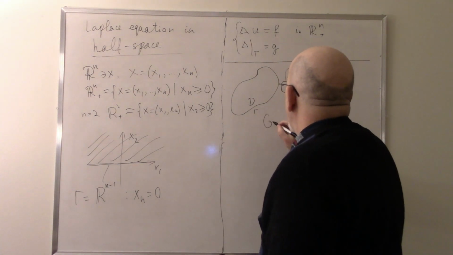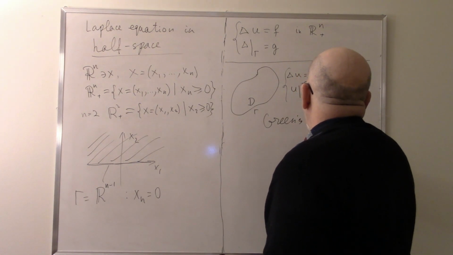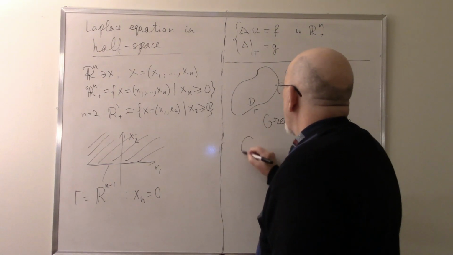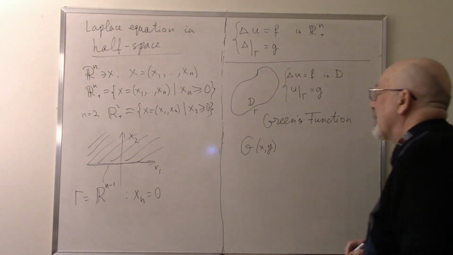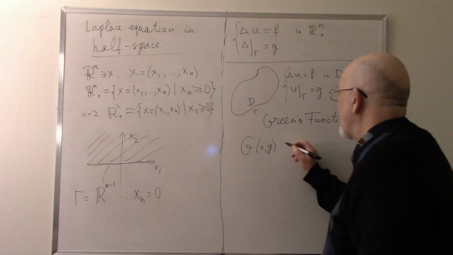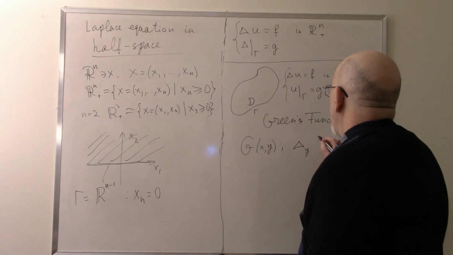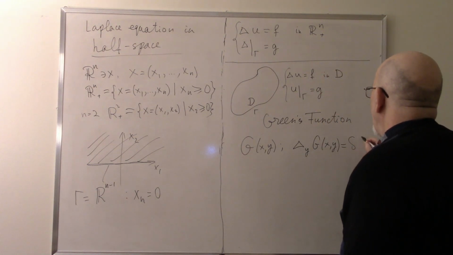Green's function g of x, y is a function satisfying the following condition. Laplacian with respect to y of g of x, y equals delta of x minus y.